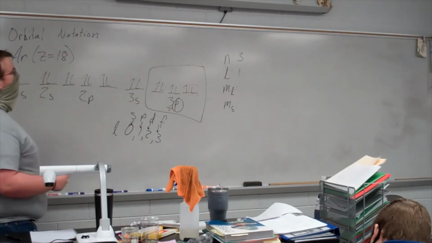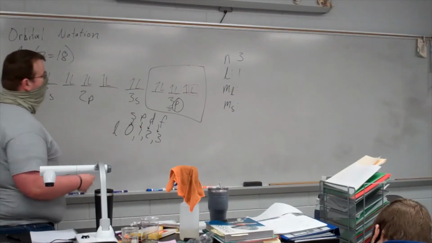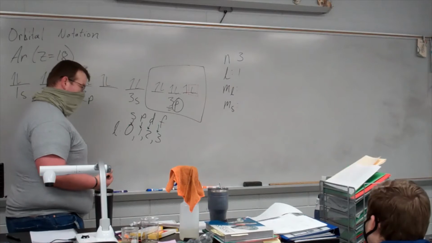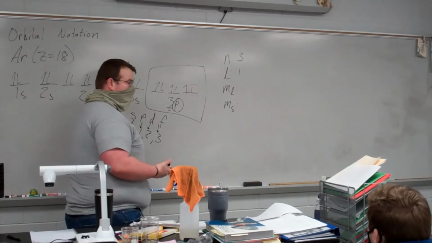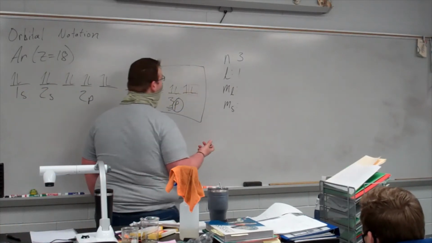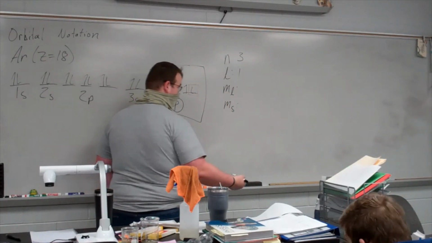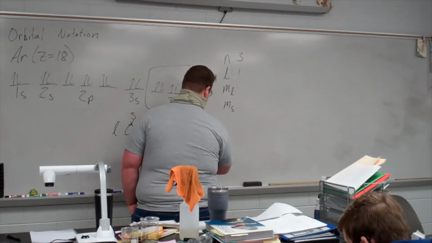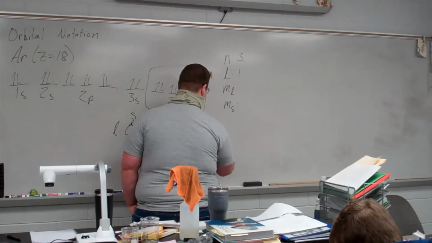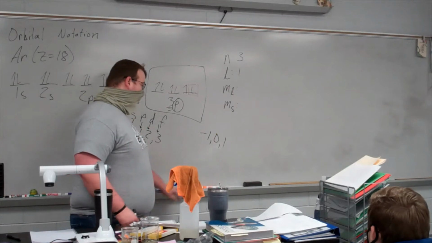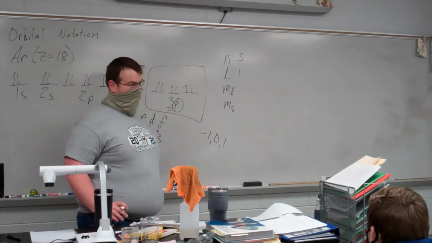Now here's where you use a little bit of information. If L is 1, what can M sub L be? What's the range? Remember, M sub L goes from negative L to positive L. So it can be negative 1, 0, positive 1. So there's 3 orientations.